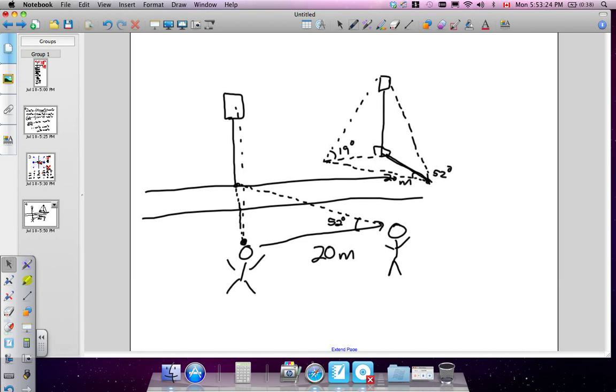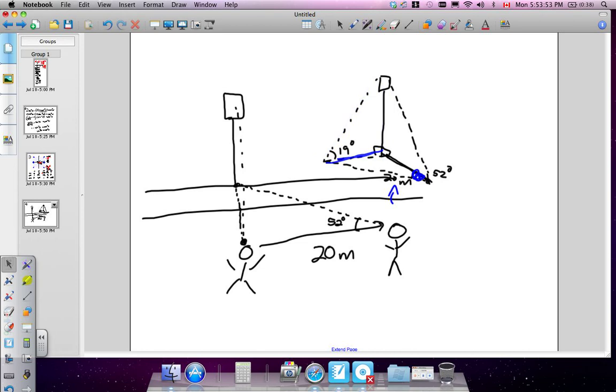So we have a measurement, an angle. They want the height of this side. So we need to get one of the measurements in this triangle over here. We're probably going to end up with this measurement here, because we have this angle, and we have the distance of this side of the triangle.